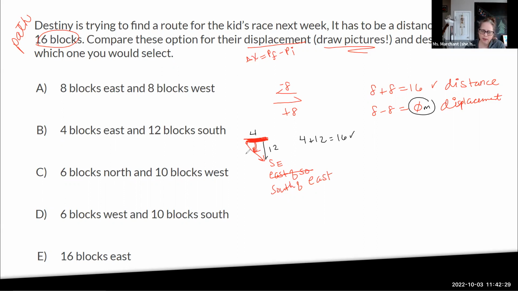Okay. And what is this magnitude? Well, this is the side opposite the 90-degree angle. So that is our c squared, or our c side. So we can use Pythagorean theorem, a squared plus b squared equals c squared. 4 squared plus 12 squared equals c squared. Now you wouldn't just solve it like this. Why? Because the magnitude is c, not c squared.